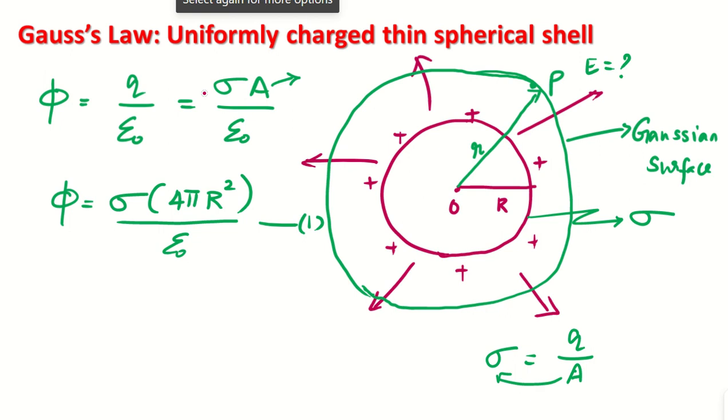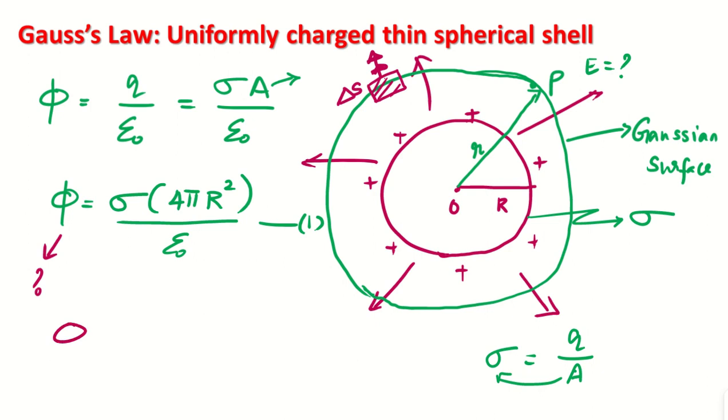Now we are going to calculate the flux going through the Gaussian surface and substitute it here. For that, if you observe here, take a small area on the Gaussian surface, let it be delta S. The electric field goes in this direction and delta S also is in the same direction, so they are parallel.